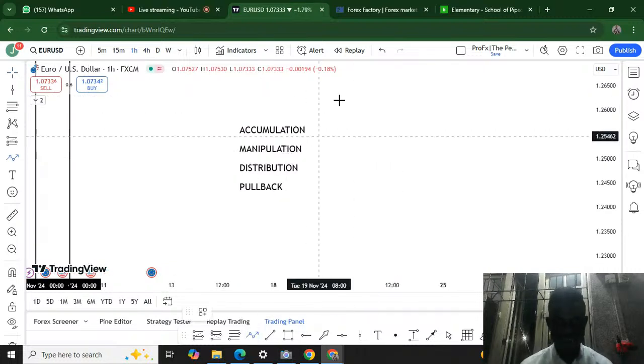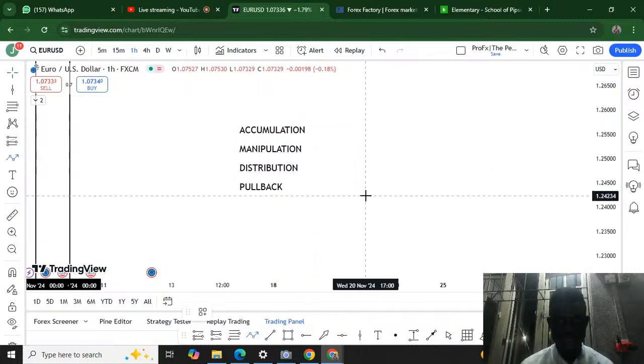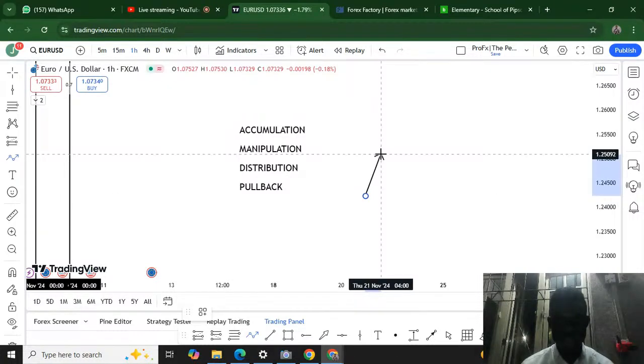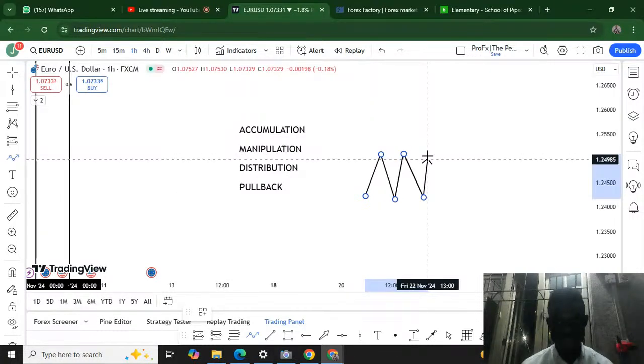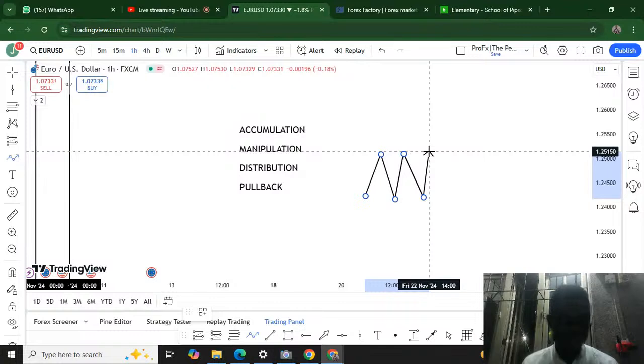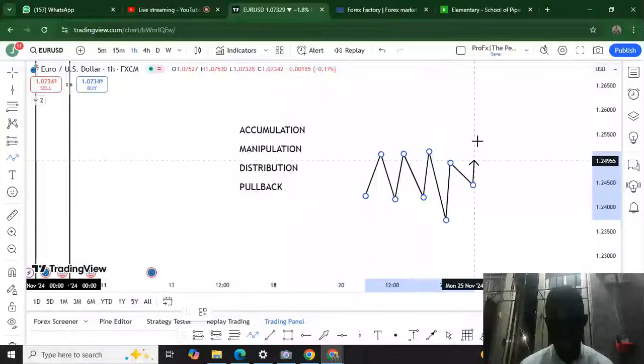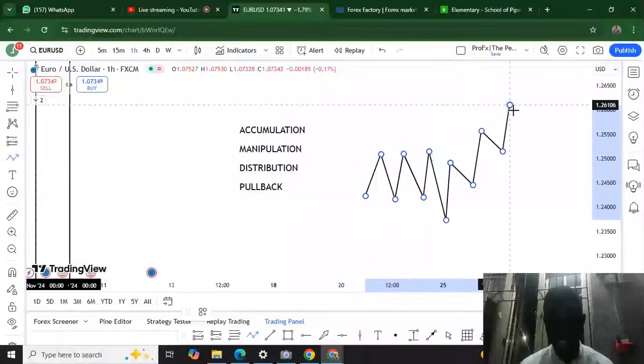How does this work? Accumulation is like this. That's range. Accumulation is ranging. So if price wants to distribute to the upside, it manipulates to the downside, then distributes to the upside. That's the idea.